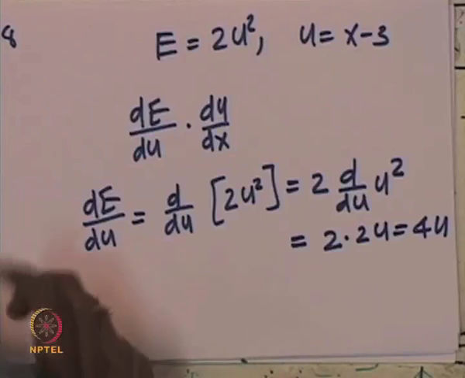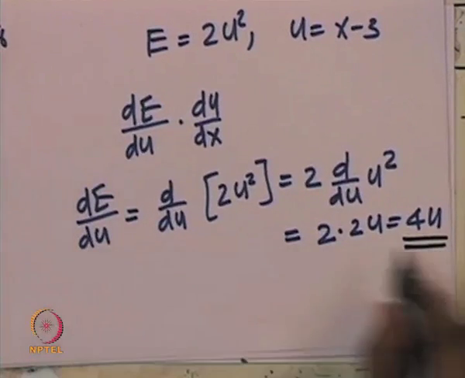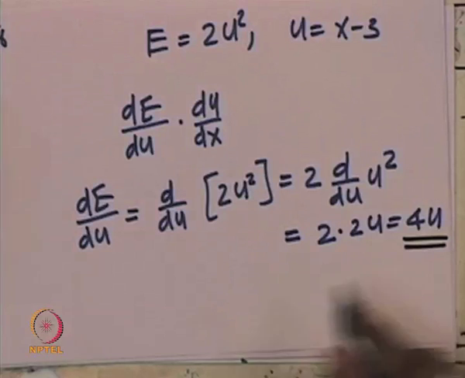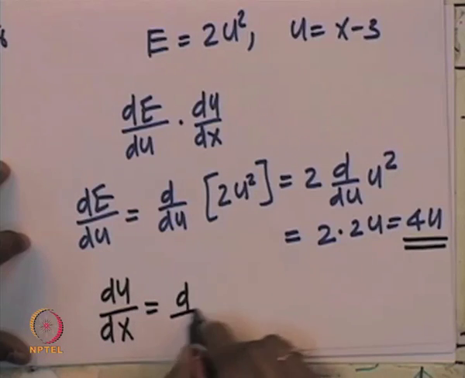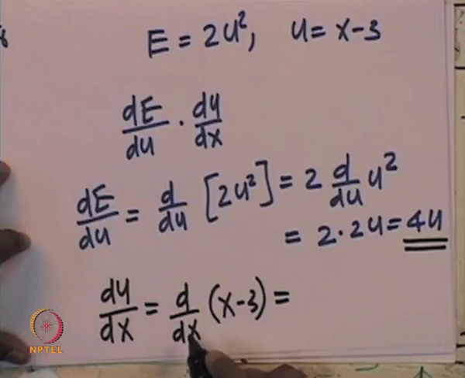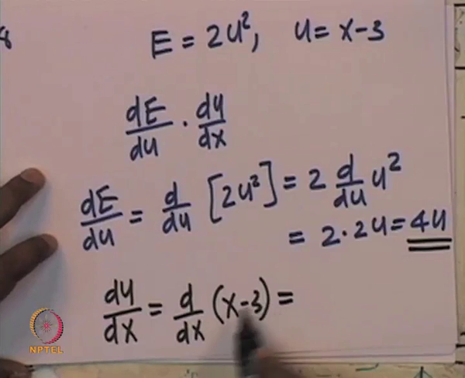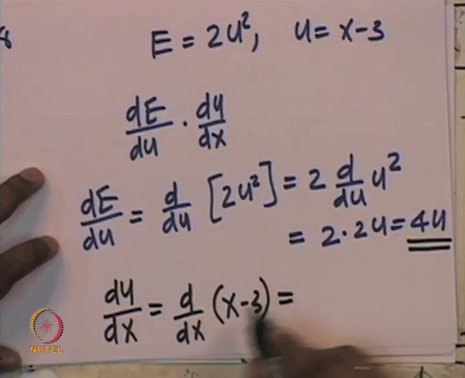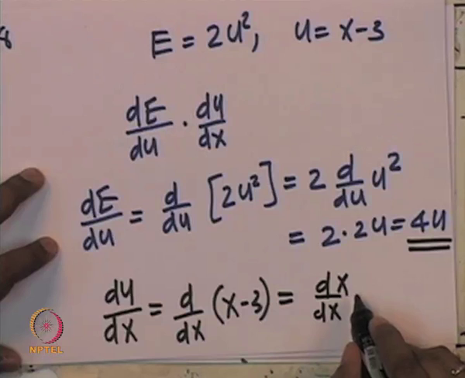So, we found that dE by du is 4u. Now, what is du by dx? du by dx is d by dx of x minus 3. This is the sum rule we had, the sum of 2 terms, x and minus 3. So, derivative of x plus derivative of a constant, which is 0. This is essentially d by dx of x minus d by dx of 3, which is 0.